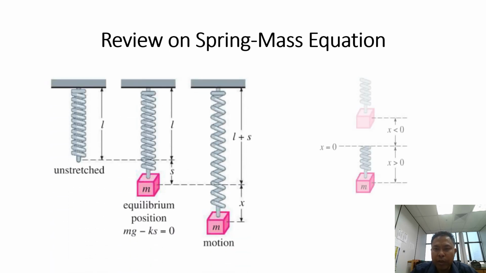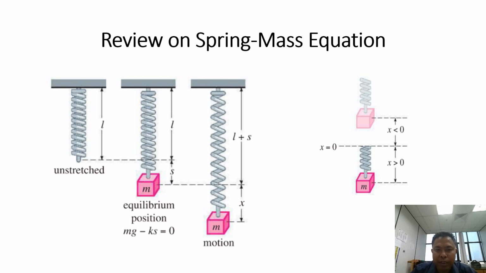Usually in our teaching, we start the modeling by analyzing a very simple system, where you have a spring attached to a fixed wall and a hanging mass at the end of the spring. By doing so, the spring will be elongated by a certain distance.